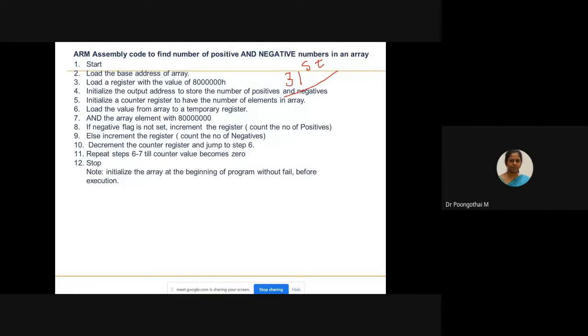We can use rotate, shift. I have given the detailed algorithm in this slide. Just read out the algorithm and tell me your inference. Ma'am, can you use MI or PL, ma'am?